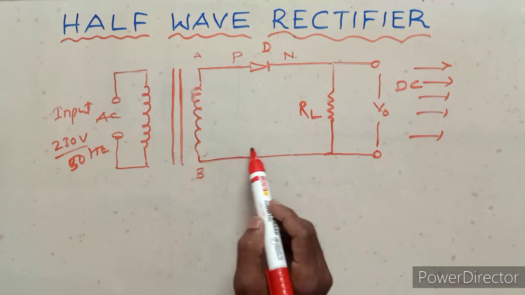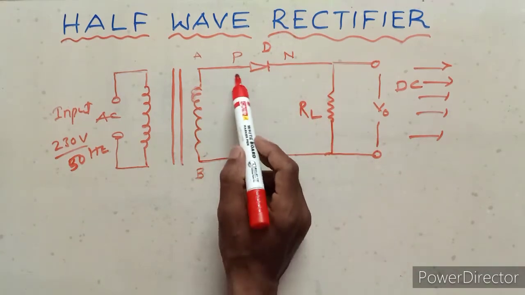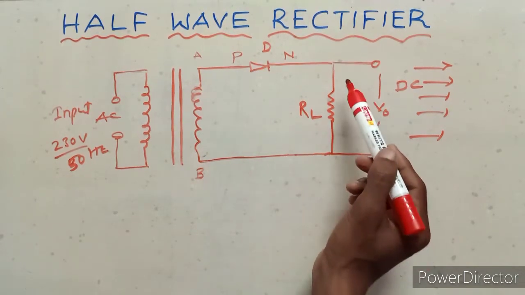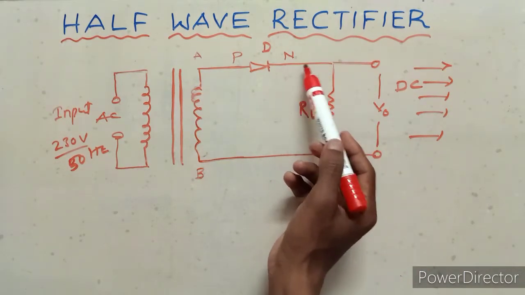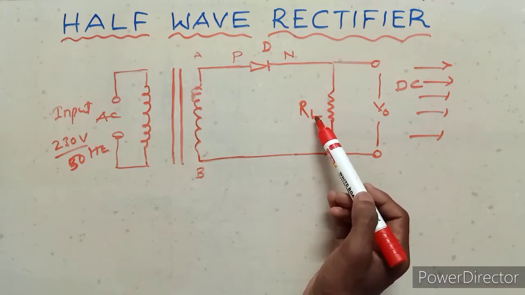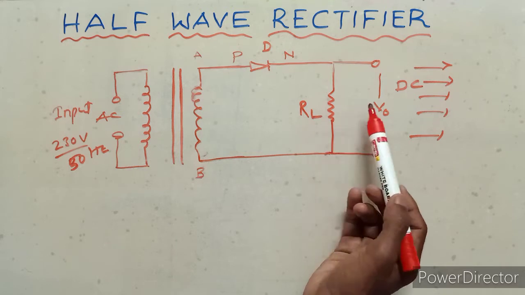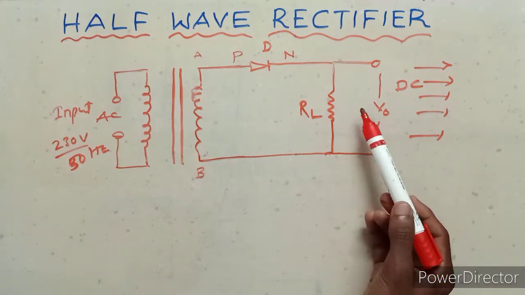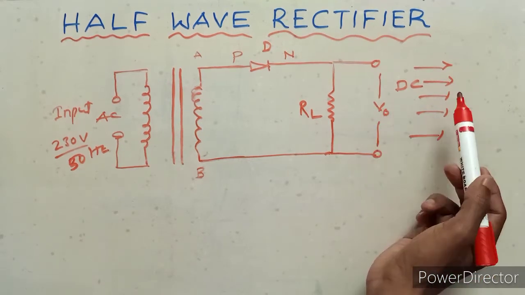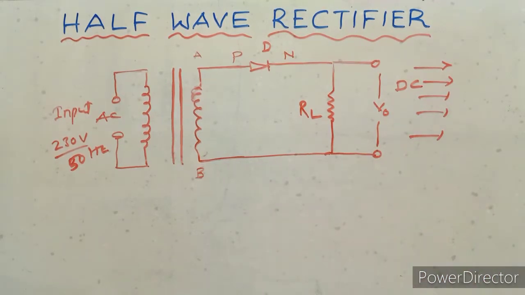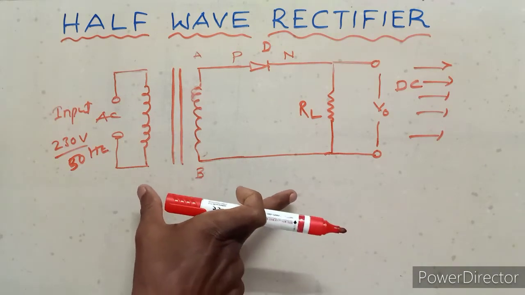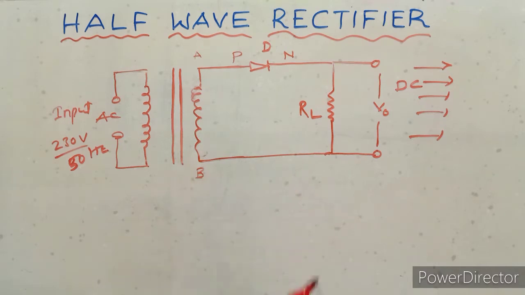So B is connected to N type of layer, A is connected to P type of semiconductor. The N type of semiconductor is connected to load resistance, across the load resistance. Finally the output voltage comes out. Okay, so this is the steady current, that is the DC current. So this is finally the half-wave rectifier circuit.